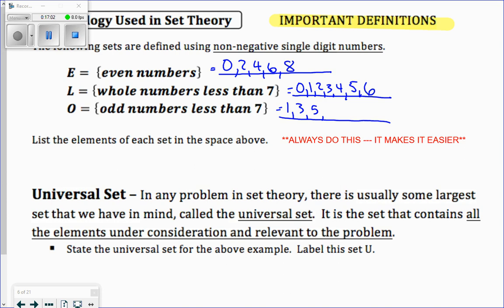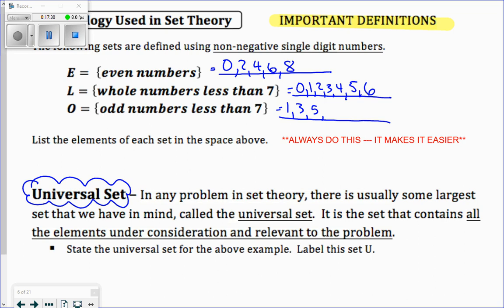Okay, so first new word is the universal set. So the universal set is like the granddaddy of all the sets. Okay? It's like the parent. In actual fact, we call it parent function. But anyway, so evens are 0, 2, 4, 6, 8. L is 0 to 6, and odds is 1, 3, and 5.